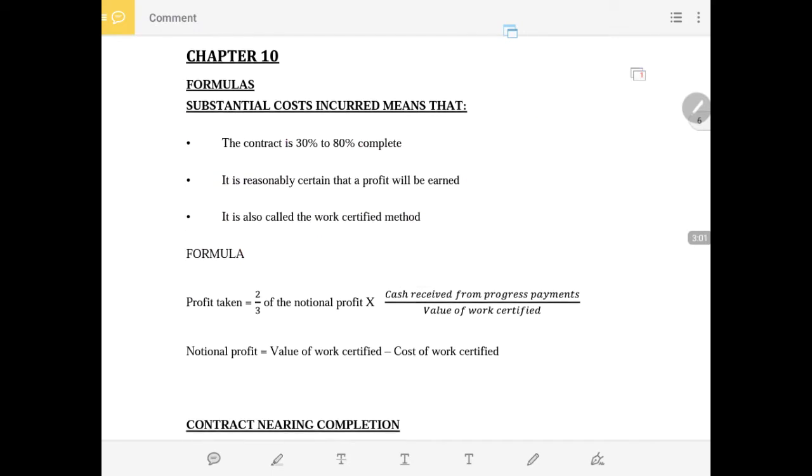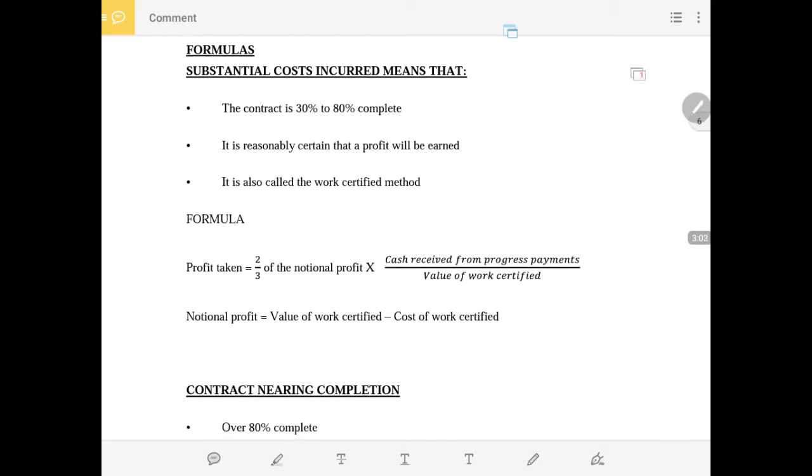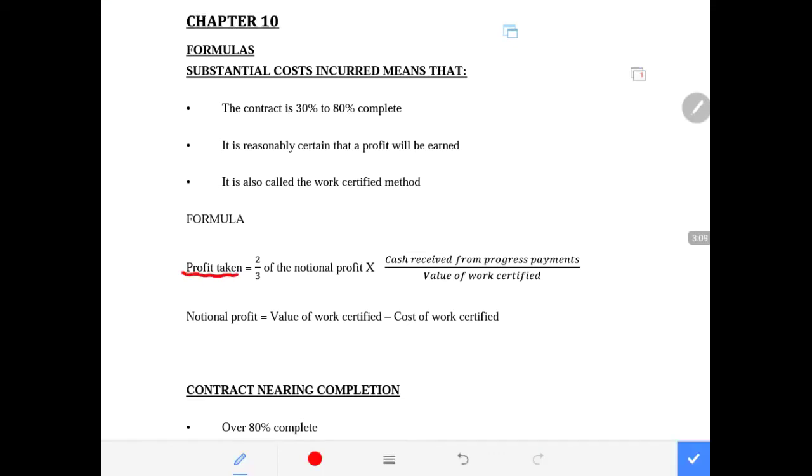And there is a formula that we are to apply in the calculation of this profit. The formula says profit taken is equal to 2/3 of the notional profit times cash received from progress payments divided by the value of the work that is certified.